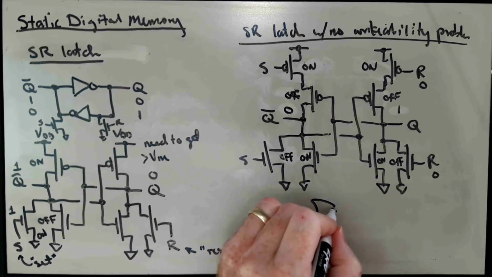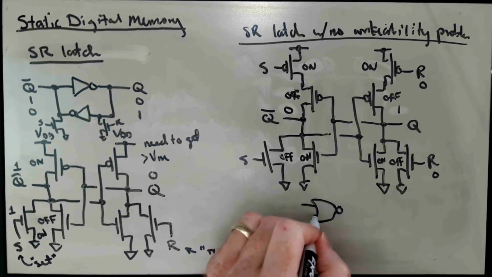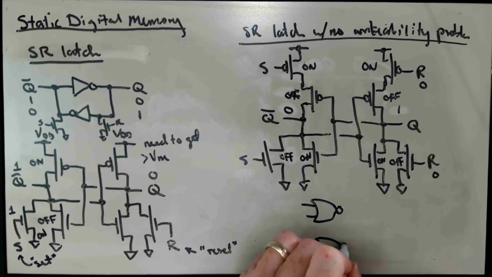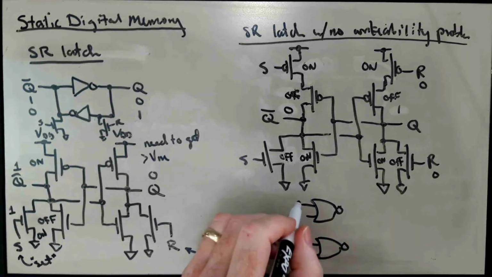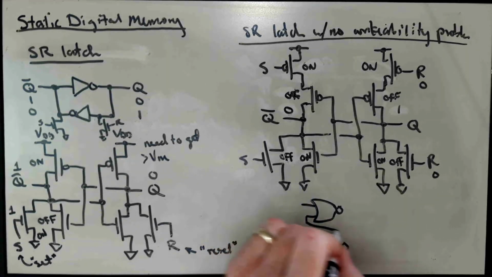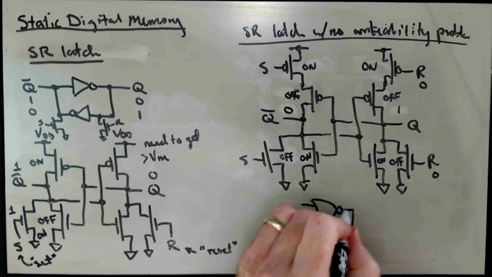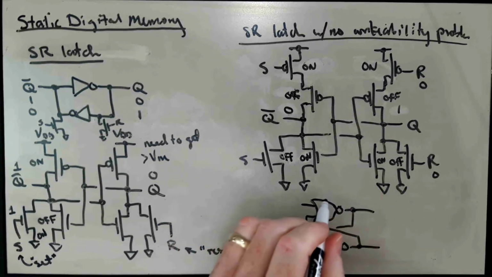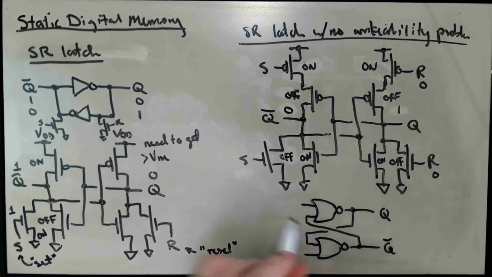These are actually NOR gates. If you look back and see how we implemented NOR gates, these are two NOR gates. And this is the way it would typically be drawn in a logic schematic, where what were the two inverters become two cross-coupled NOR gates. And this would be, let's say, Q and Q bar.